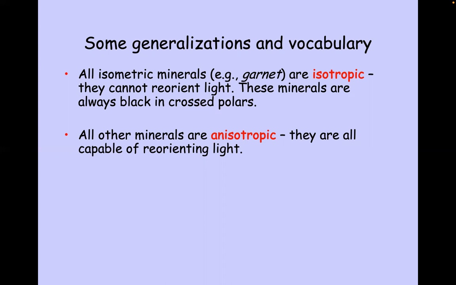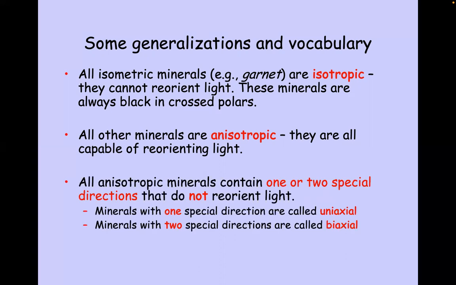But while rotating the stage, at a certain point in every 90 degrees it may be dark, but not always. So therefore, you can term them anisotropic. So isometric or cubic system minerals remain dark all the time, even under cross polars, so they become the isotropic group.